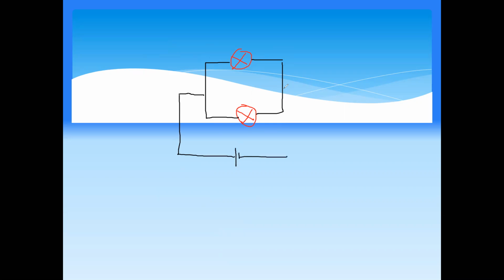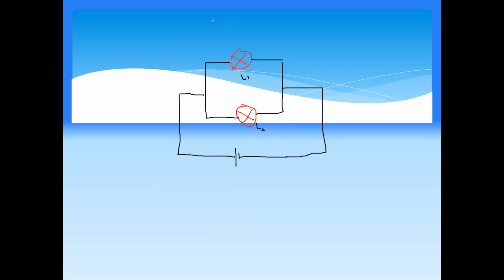And in the same way, if you have components connected in parallel, for example, 2 lamps. In this case, as we know, the voltage of lamp 1 will be the same as the voltage of lamp 2.